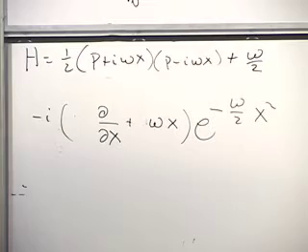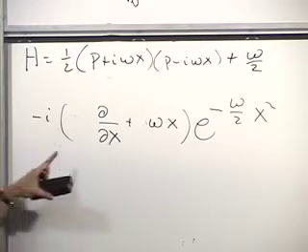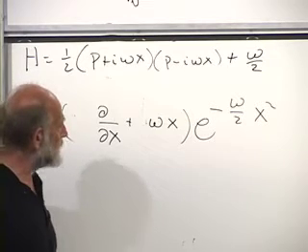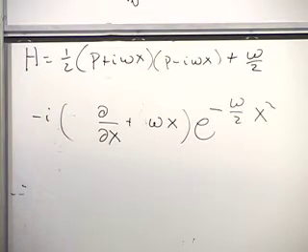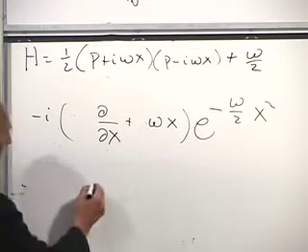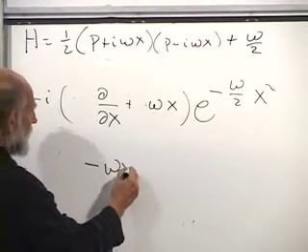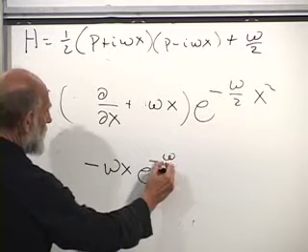Okay, what happens when we differentiate once e to the minus omega over 2 x squared? Let's see, can I remember? It just gives us minus omega x e to the minus omega over 2 x squared, right?